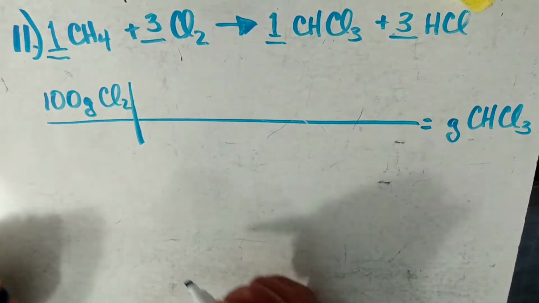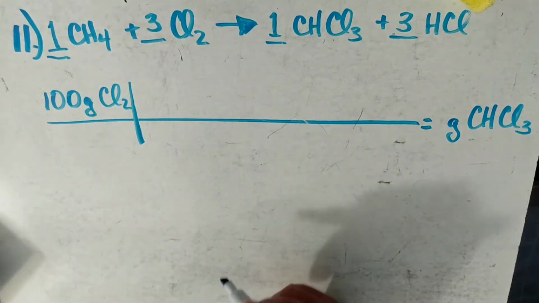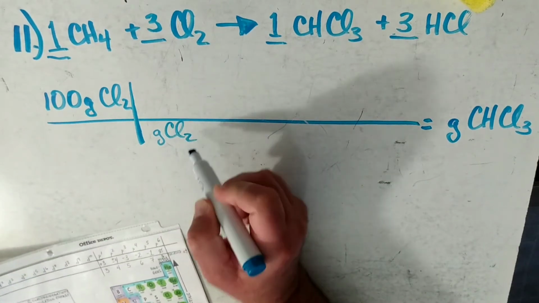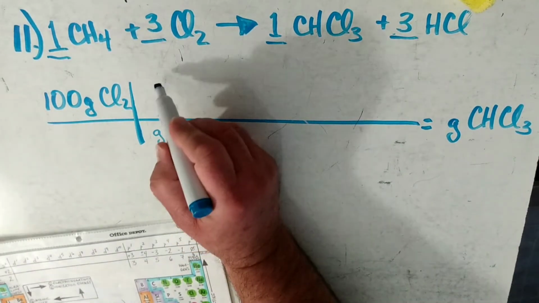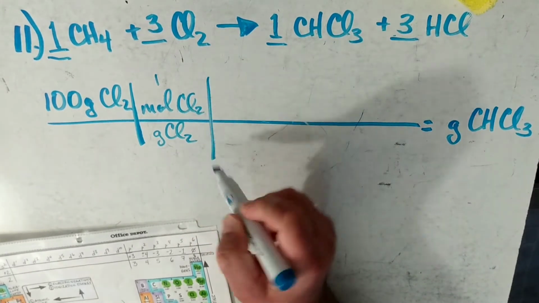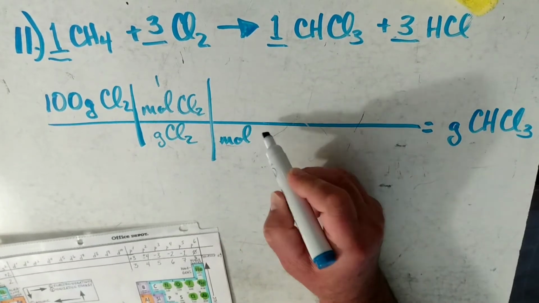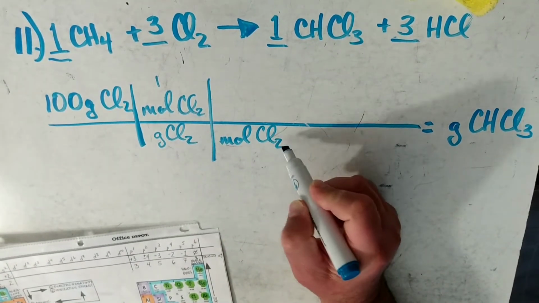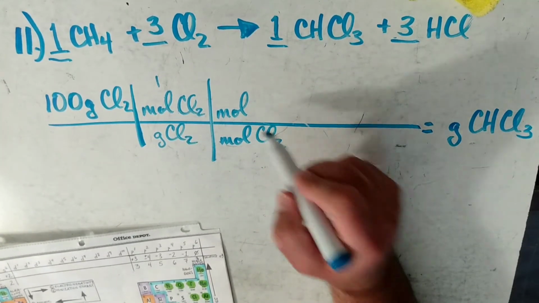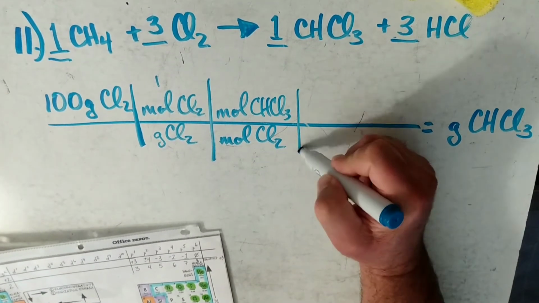We know, and you've got to look up on your periodic table, eventually the mass, but grams of chloride is going to equal 1 mole of chloride. We don't want 1 mole of chloride. So mole, and notice I did not put a number down, chloride is going to equal whatever moles of CHCl3.